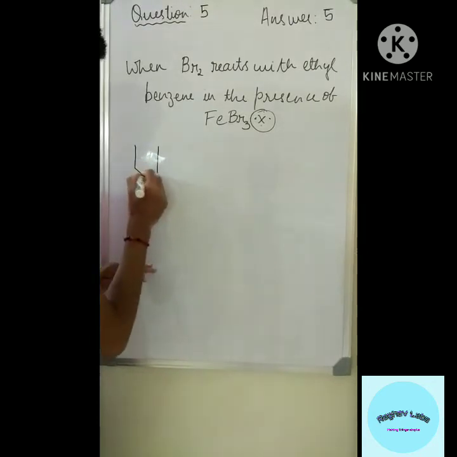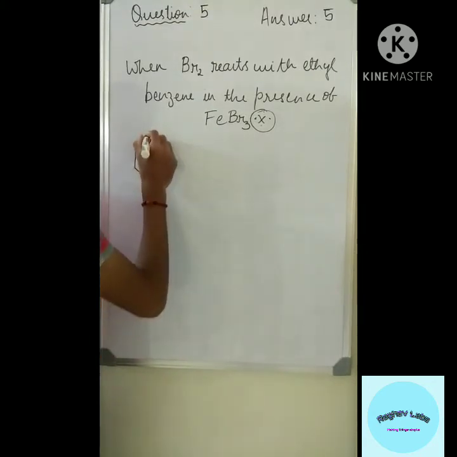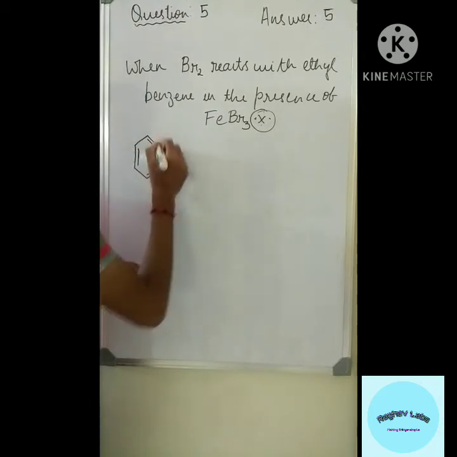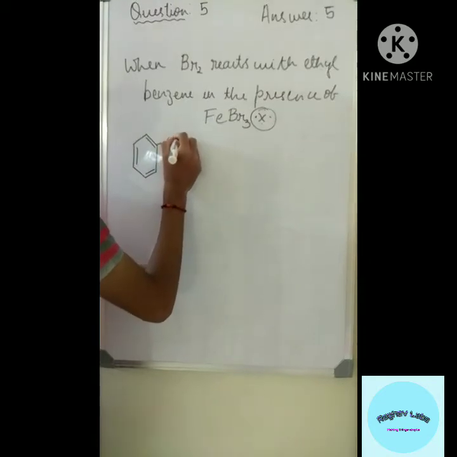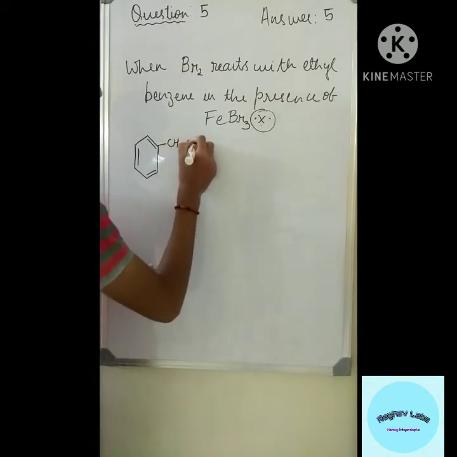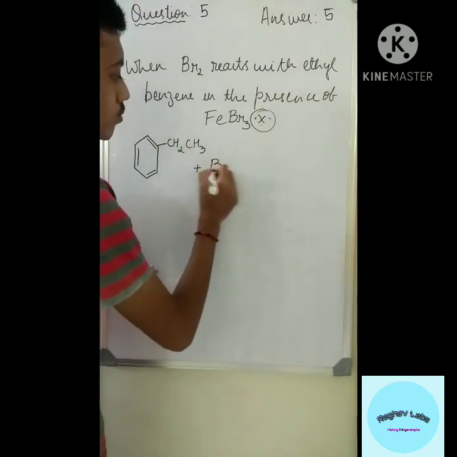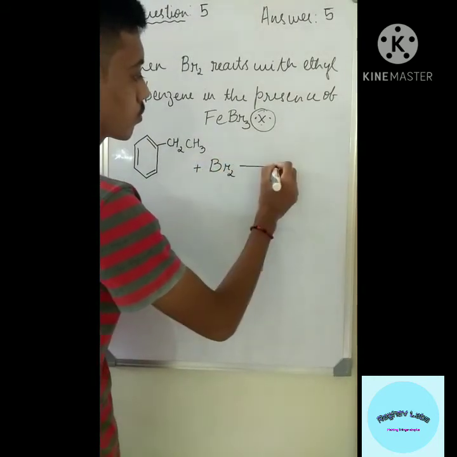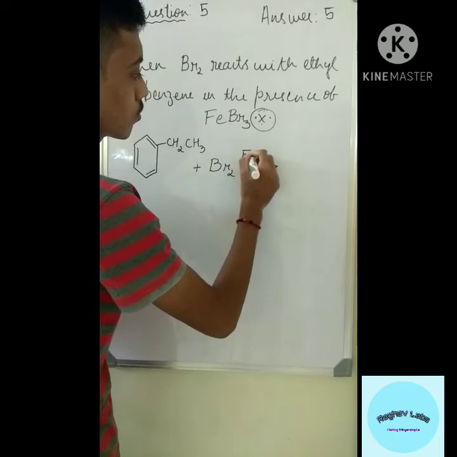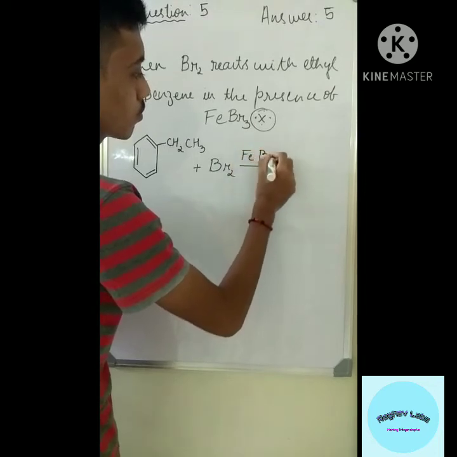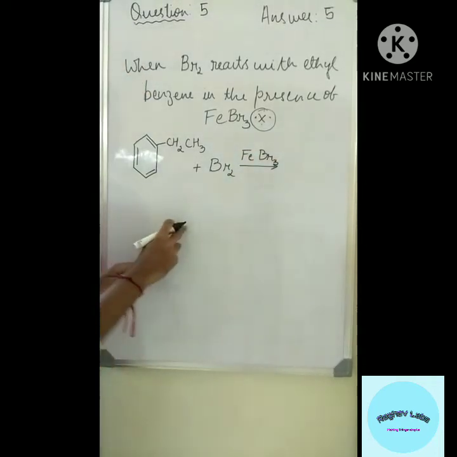We have the benzene ring. You know how to draw a benzene ring, right? Yes. Now ethyl benzene is the given reactant, CH2CH3 attached to the benzene ring, plus Br2 in the presence of FeBr3.